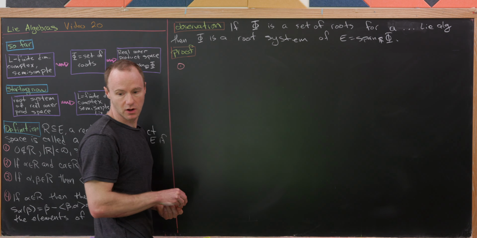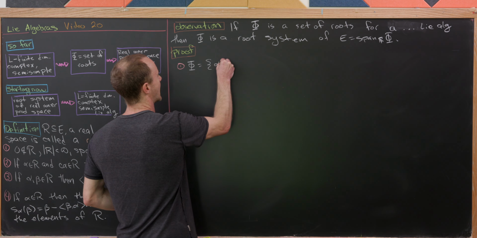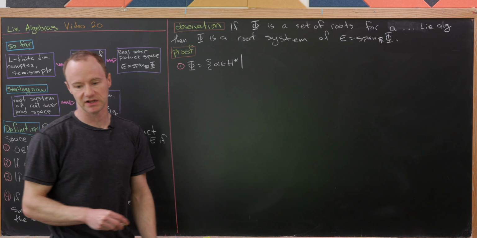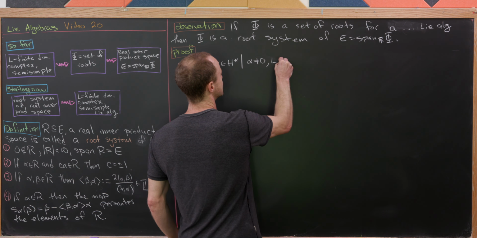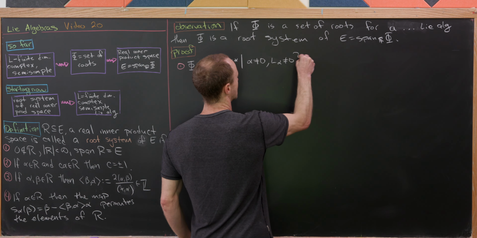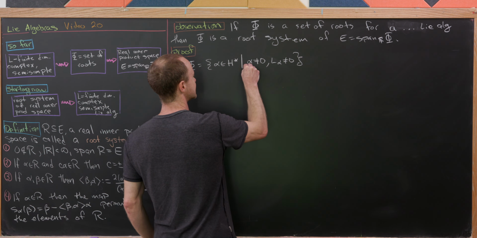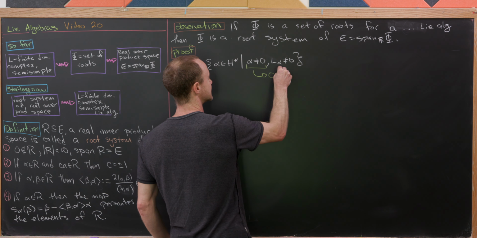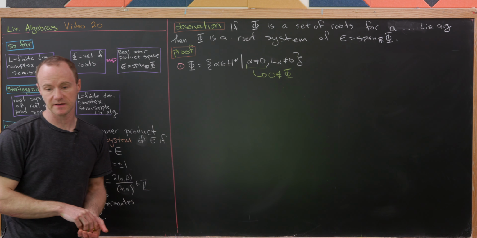Okay, so let's go through these one at a time. Let's recall how phi is defined. It's all alpha in H star, where H is the Cartan subalgebra, such that alpha is not equal to 0 and L alpha is not equal to 0 also. But observe that alpha not being equal to 0 immediately implies that 0 is not inside of phi.